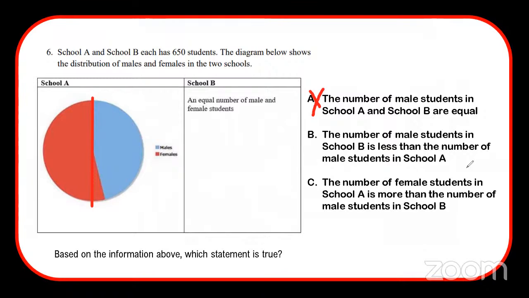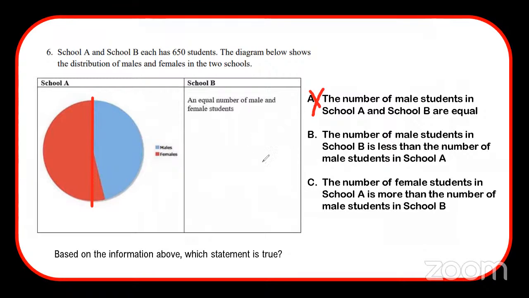The number of male students in school B is less than the number of male students in school A. True or false? We're at B now. Is B true or false?